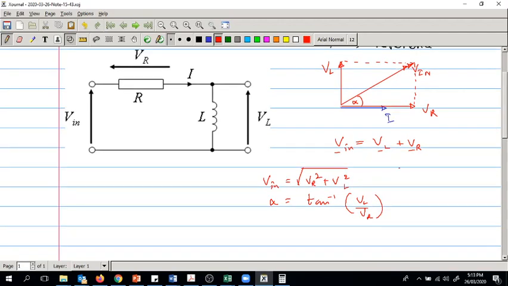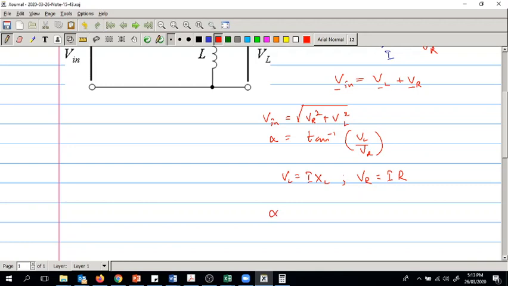Now what about VL? VL is I XL and VR is IR.